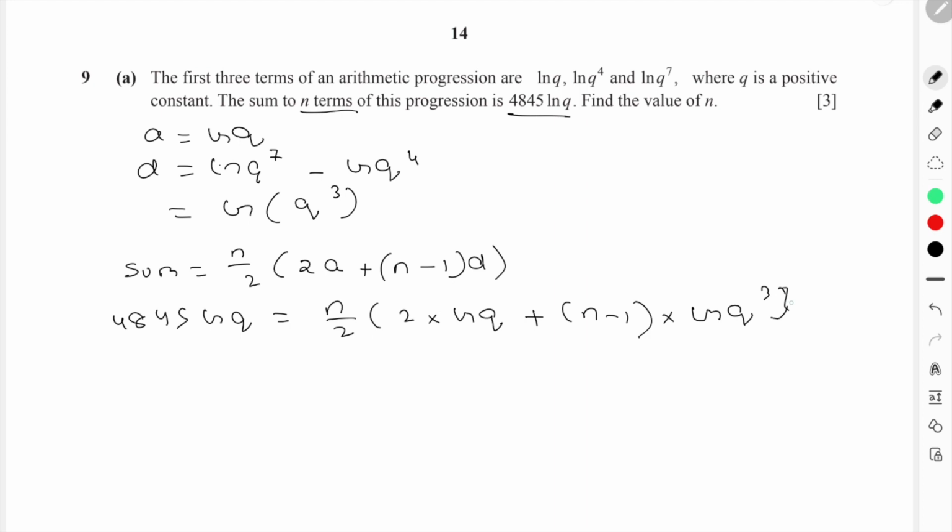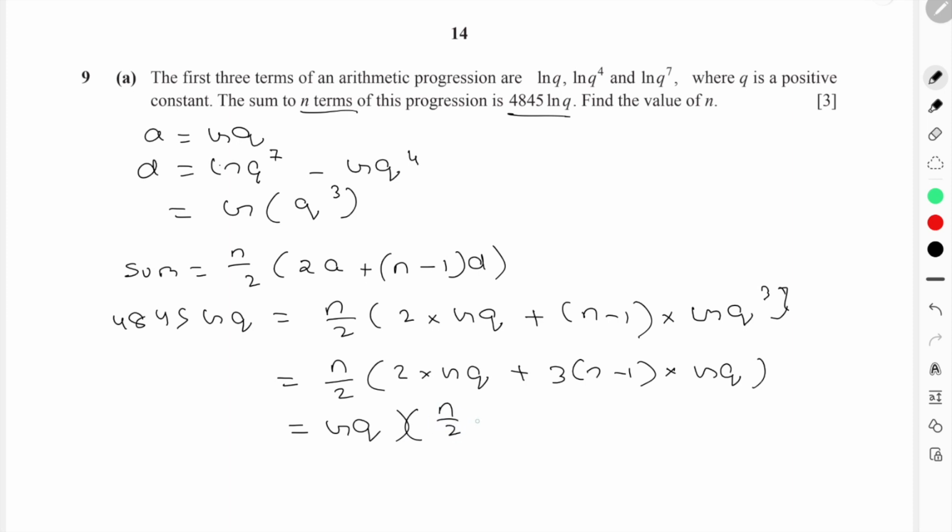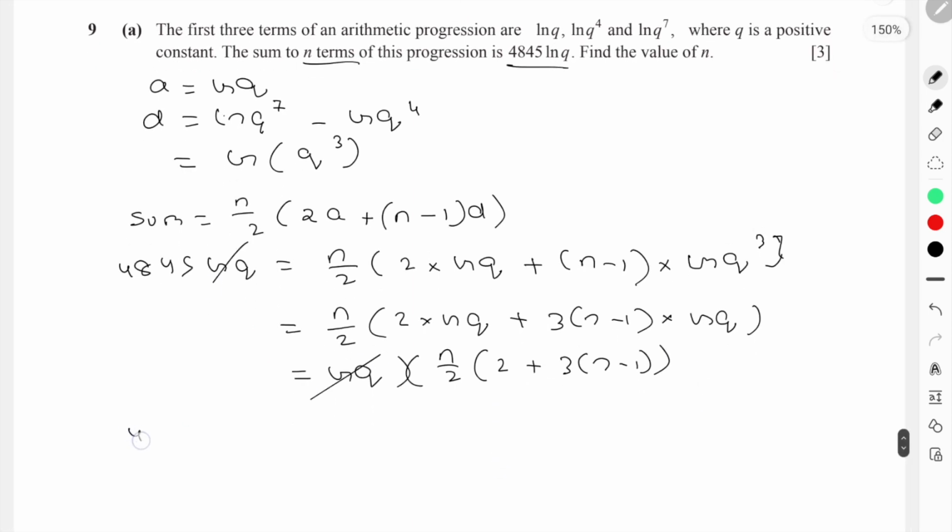Okay, so what we can do is first try to eliminate ln q. We can essentially do this by rewriting this as this. And then we'll take ln q as common. Then we can cancel this.